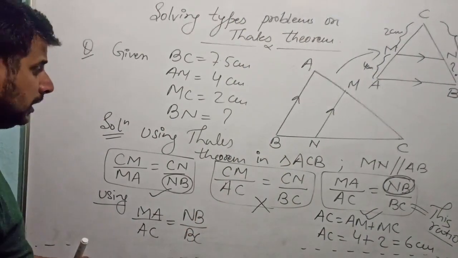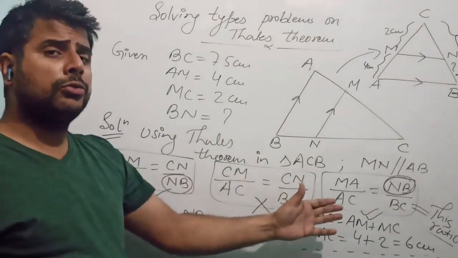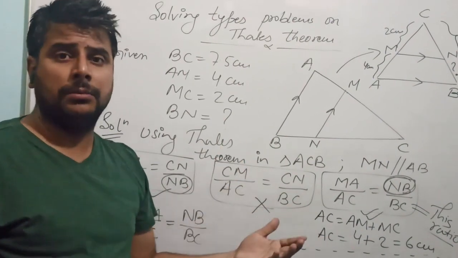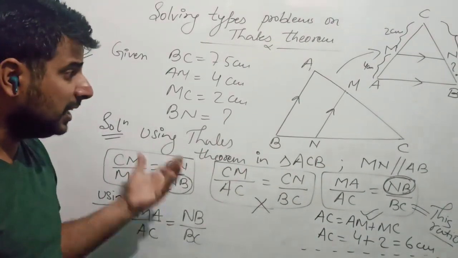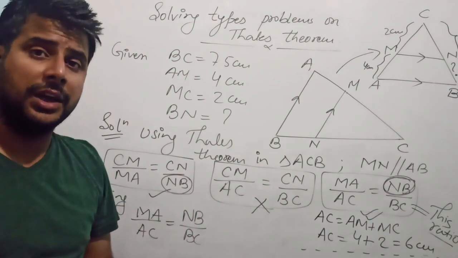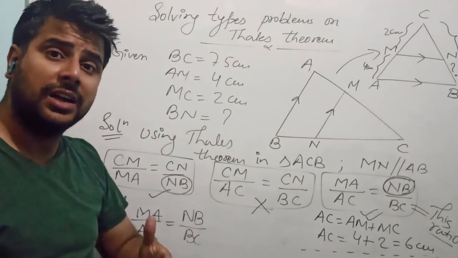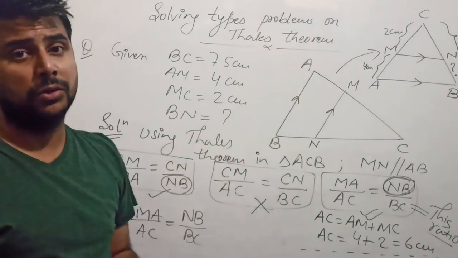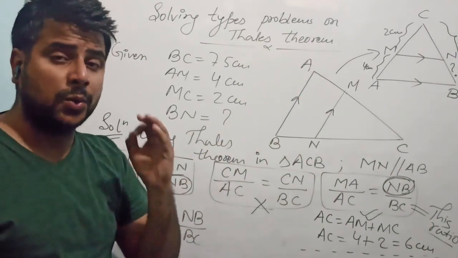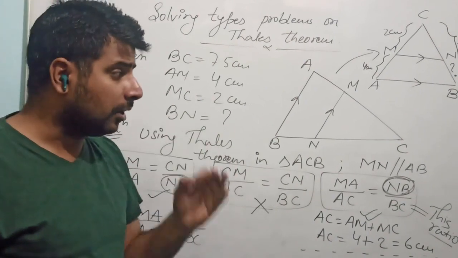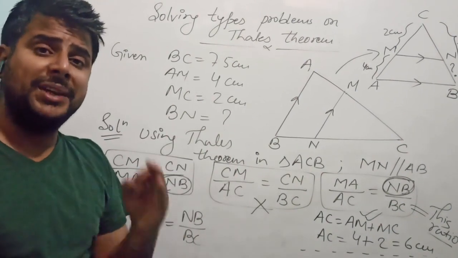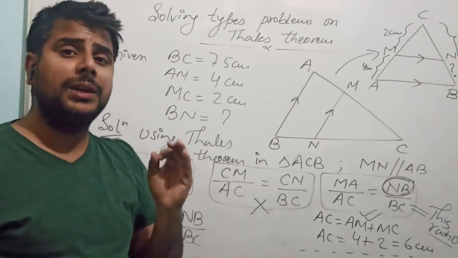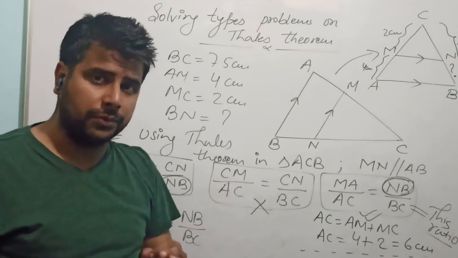My dear student, to write all the 3 ratios in the exam and then select one ratio will take more time. So I suggest you, please practice yourself in a way that you first understand which ratio you are going to use in the question. This will be quite clear to you. If you are not able to select a ratio, please practice to select a ratio. I am speaking again, please practice to select a ratio first.